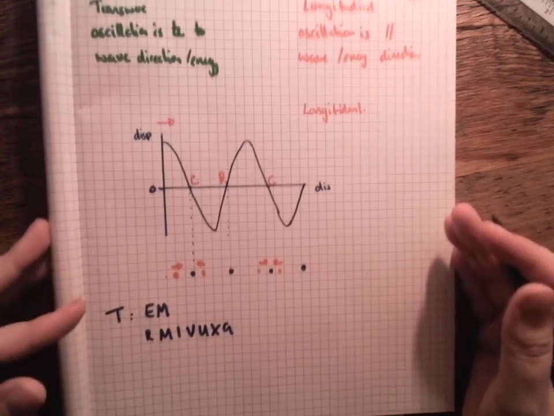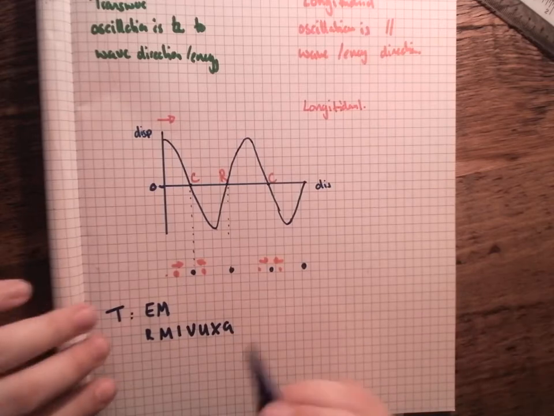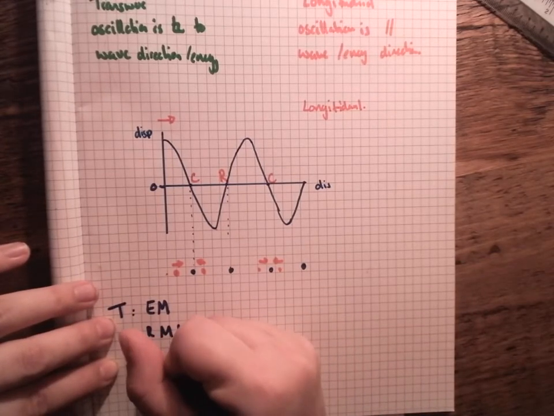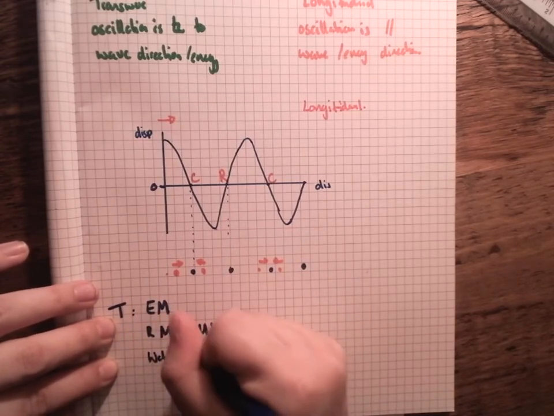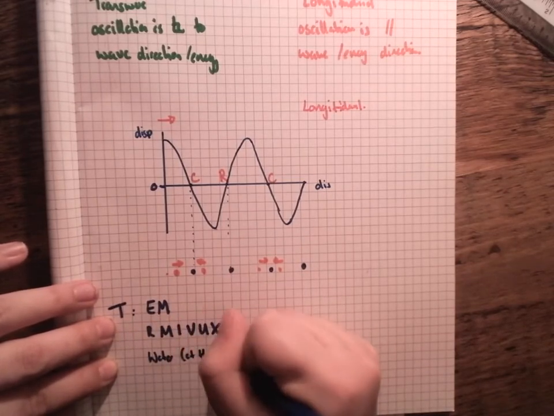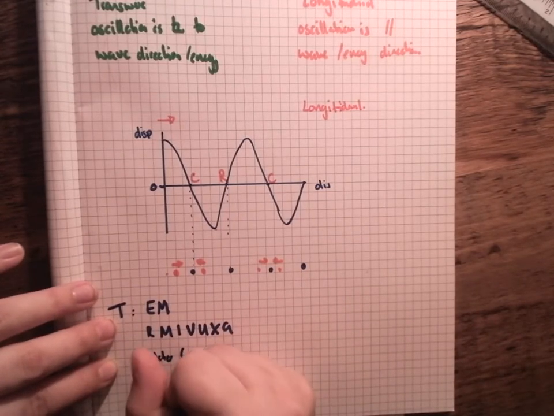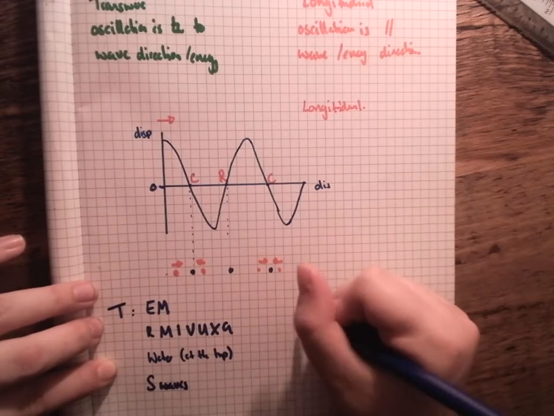We can also talk about waves on the top of water, specifically at the surface. And another type of seismic wave, known as S waves, is also an example of a transverse wave.